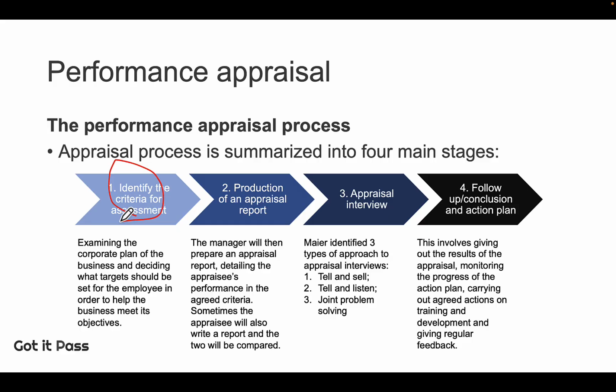It's very important to have a goal not only for the company but also for the staff, because the employee needs to help the organization achieve the company goals. If the company goals are not well communicated to staff and not put into the target or the criteria for assessment, then how can the employee help the organization achieve its goal?